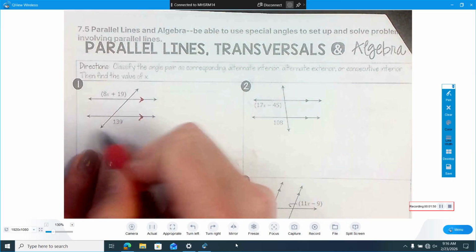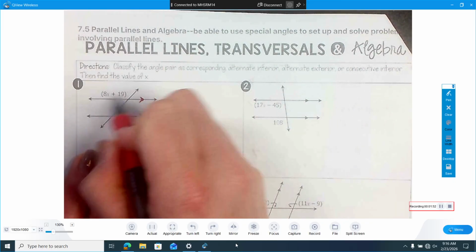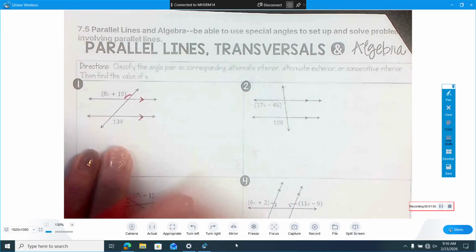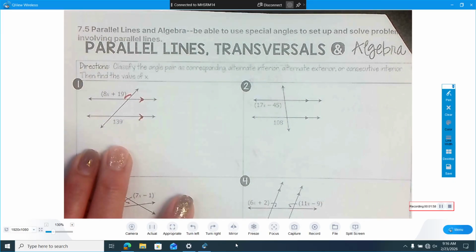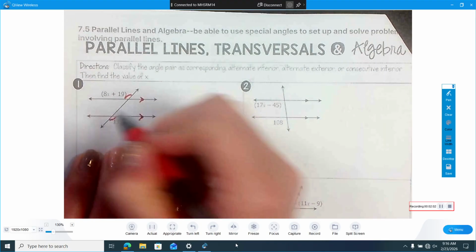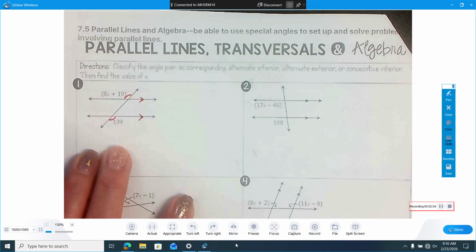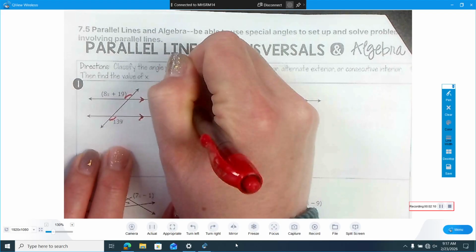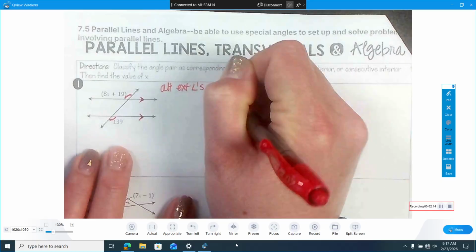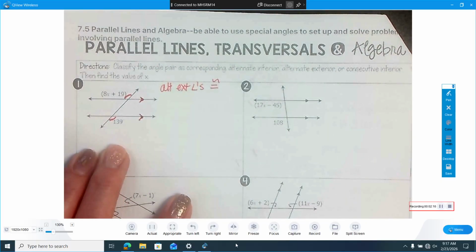So on number one, I have this angle right here, on the upper left side of the transversal, and I have this 139. What's their special angle pair name? Alternate exterior. Very good. Those are alternate exterior angles, and alternate exterior angles are going to be congruent, always.